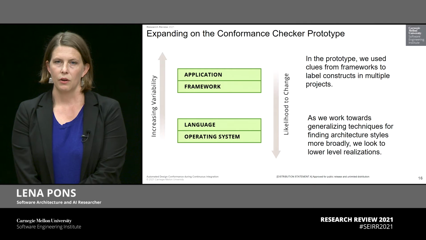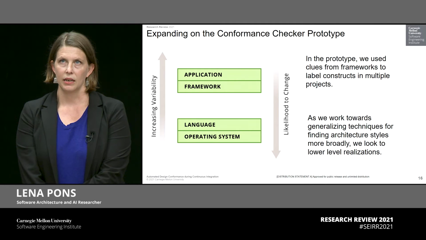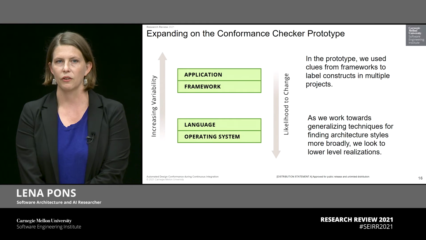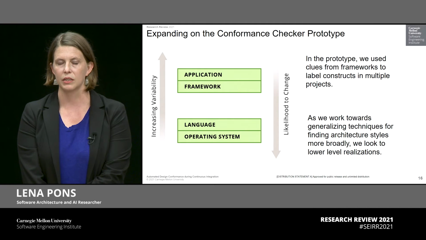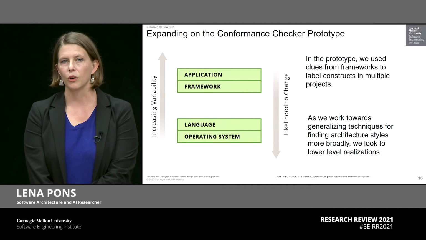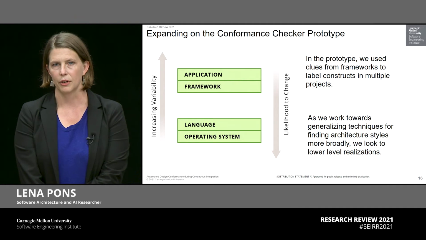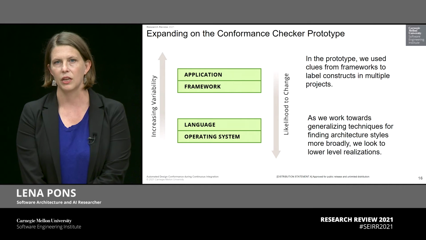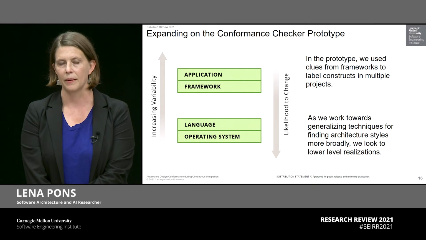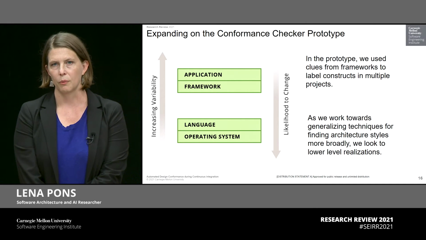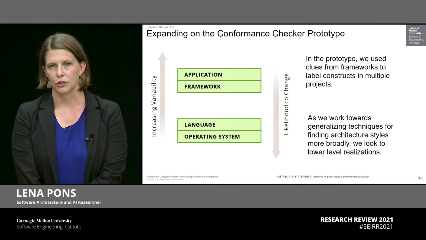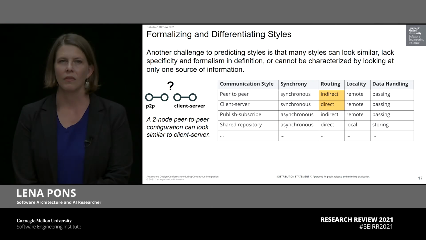When we think about how we can characterize these styles, we observe that there are a smaller number of more enduring indicators down in the programming language and operating system levels that we can use in a similar way that we use clues from the frameworks to characterize publishers and subscribers.